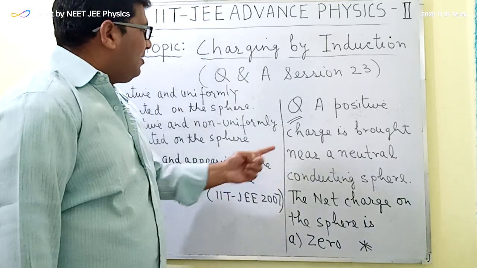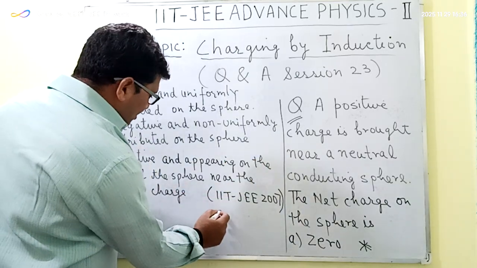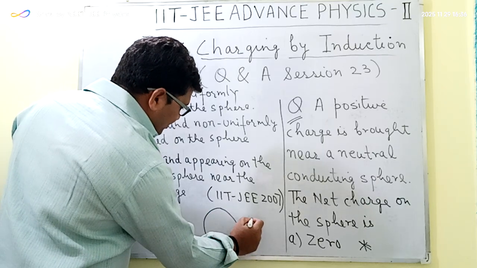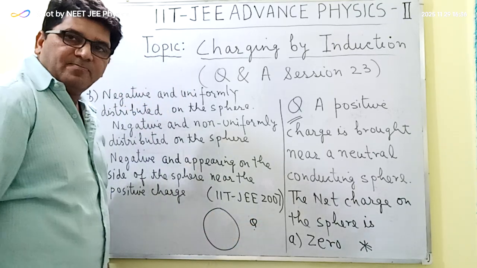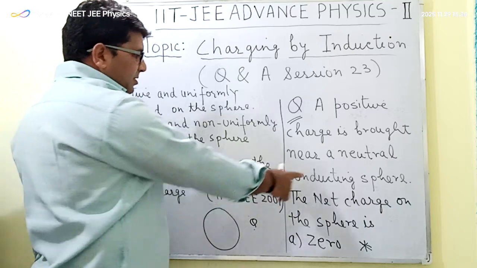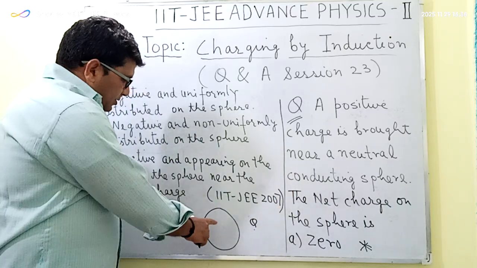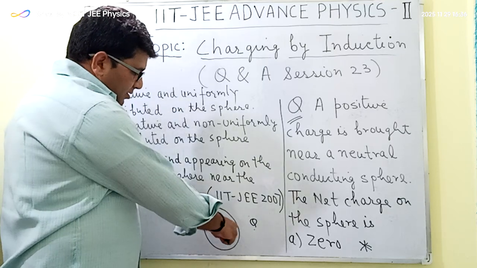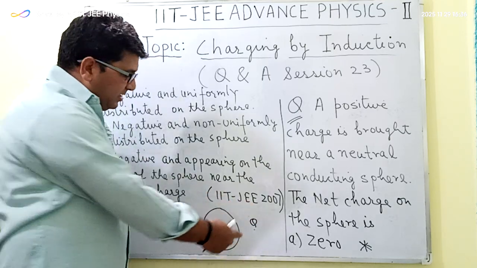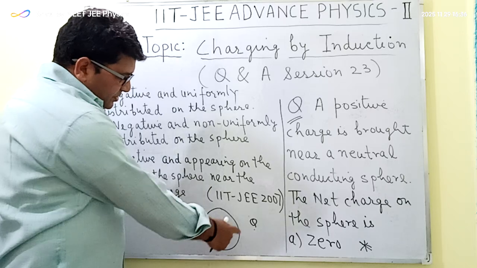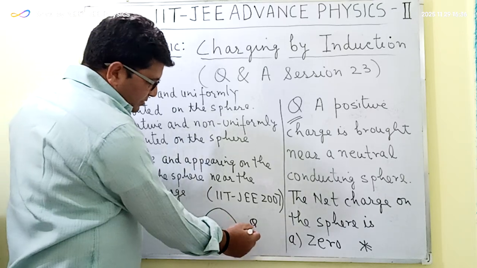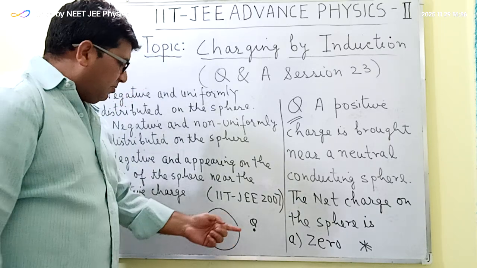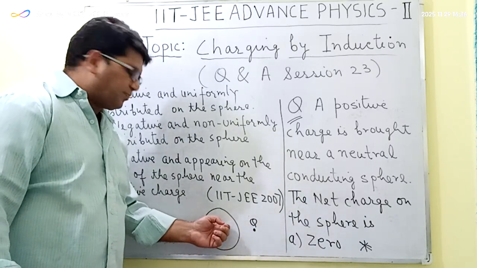Now here there is one sphere like this, and a positive charge, say Q, is brought near it, and this sphere is neutral. So the net charge on the sphere is 0 before bringing this positive charge near it. Now when this positive charge is brought near it, there is no physical contact between this charge and this sphere.